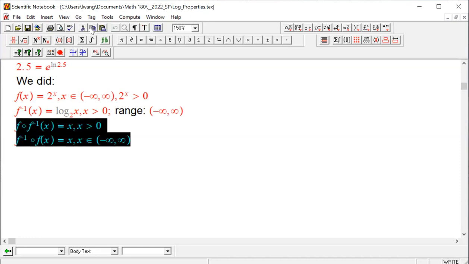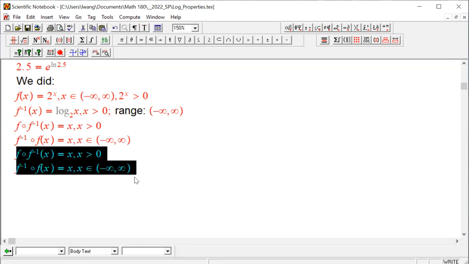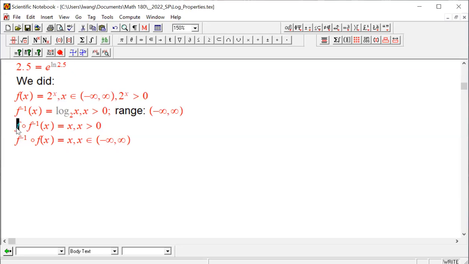So now we take this and plug in, we can just do it on the spot. We can replace f by it. So let's look at this piece, f of f inverse of x.